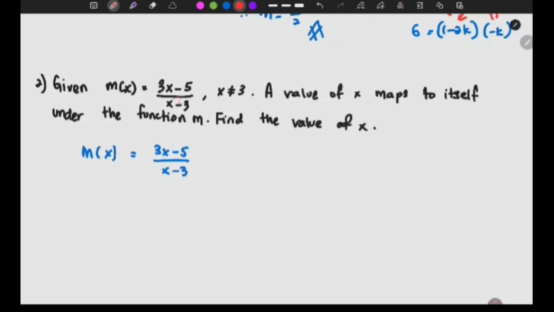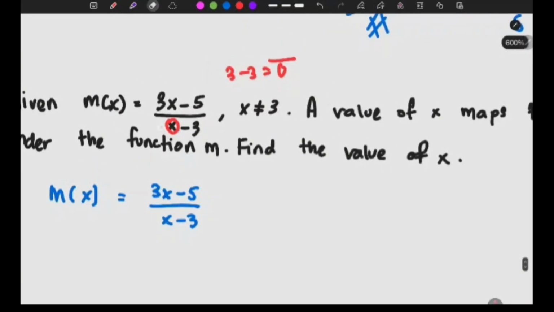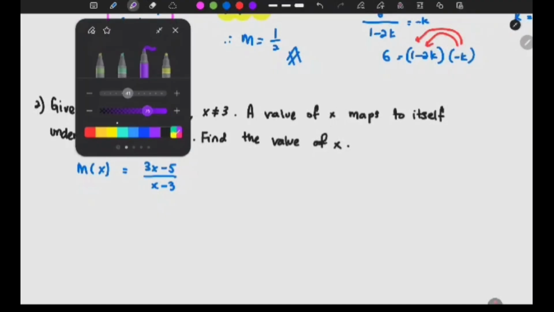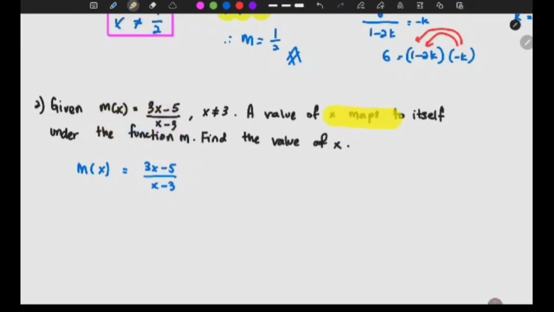And they say a value of x maps to itself. I think I did teach you yesterday about this, in my previous video. I explained about this. Maps to itself. When it maps to itself, automatically you have to remember your object is always equal to image.